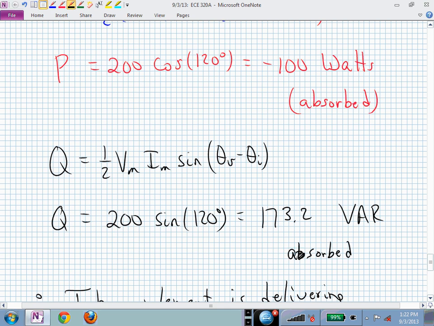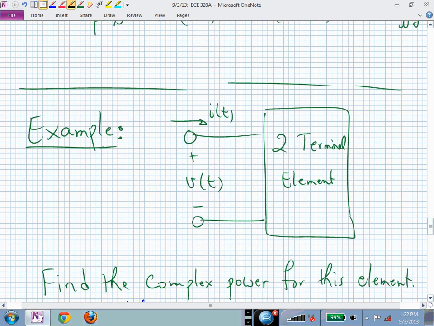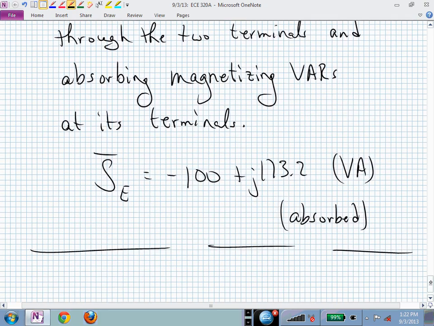It could have been a lot of different things in there, we don't know, but in terms of that black box description, well, it's a green box, we don't know what all's in there until we compute, and now we say, well, it's looking inductive. So the net effect of whatever is in there, however it's interconnected, is inductive looking at those two terminals.